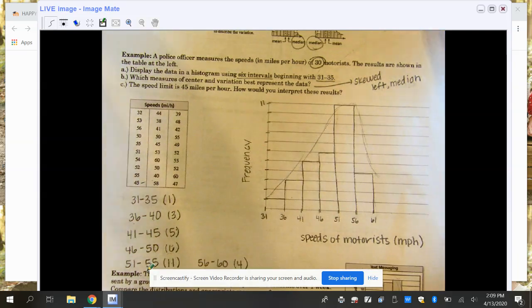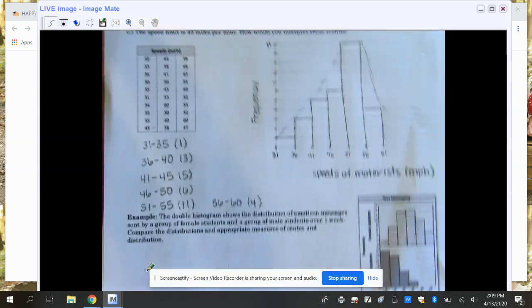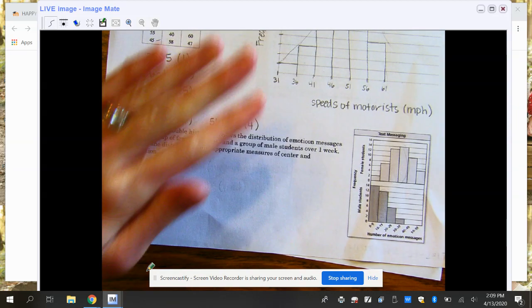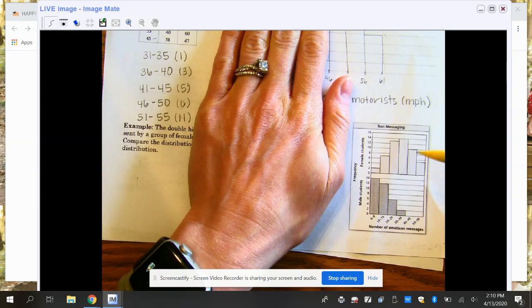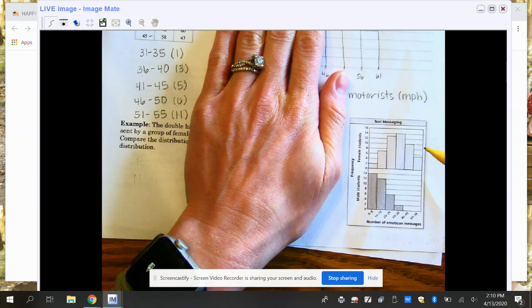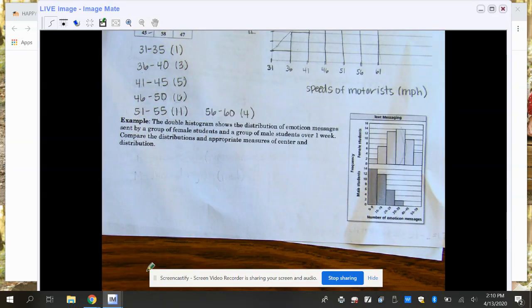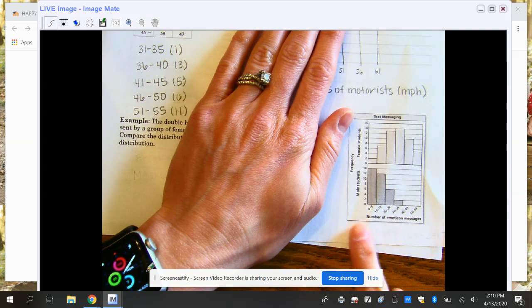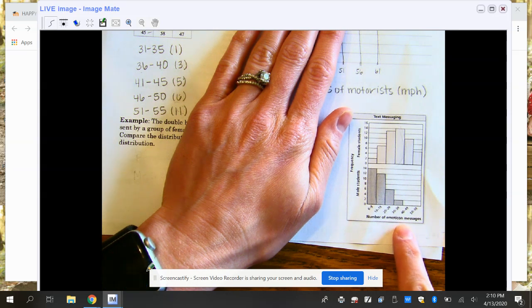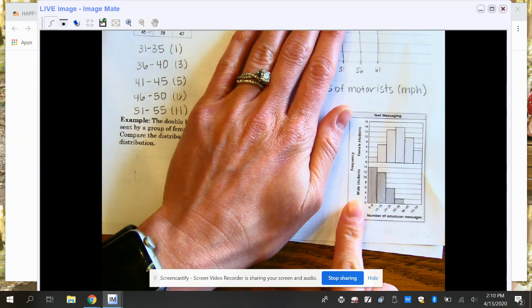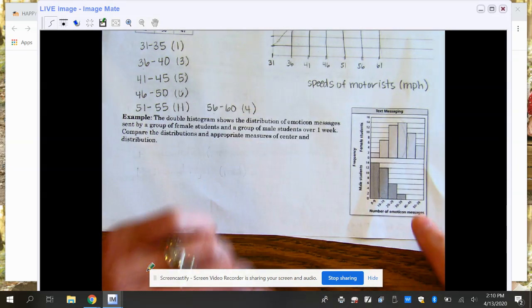All right, so the last one is another application, looking at a double histogram, like we ended with yesterday. When you're making your own histogram, remember you should be able to hand that to someone. Everything should be appropriately labeled so that they can understand what you're looking at. So I see that my x-axis is the number of emoticon messages, and then this is the frequency of male students and female students.